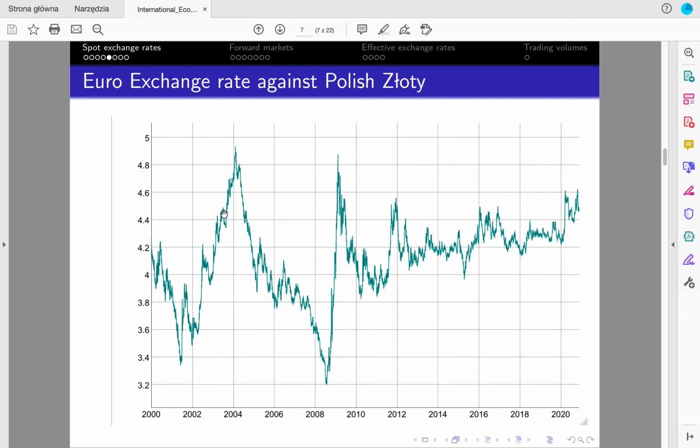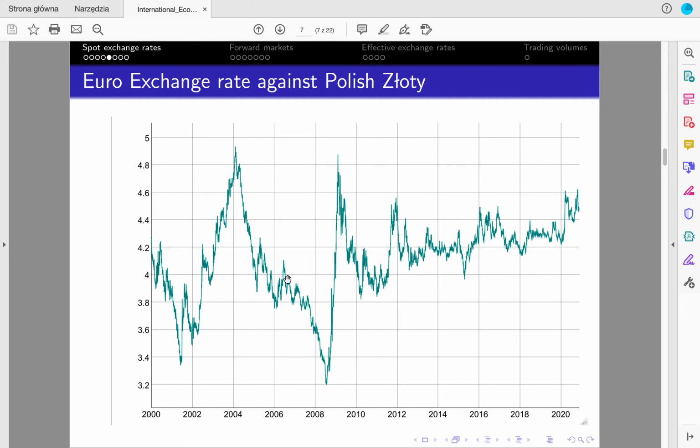But we see clearly here that between 2000 and 2010, there were a lot of swings. And you can see it as we hear this peak around 2004, when the Polish zloty depreciated so much that you needed to pay almost 5 zlotych for 1 euro.